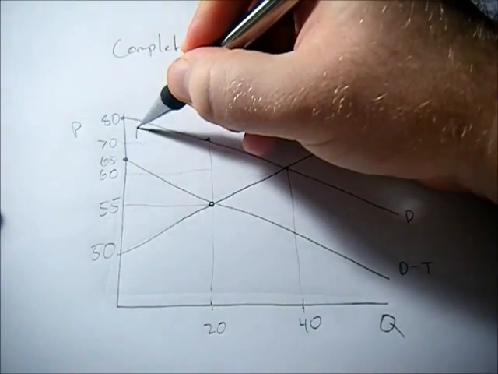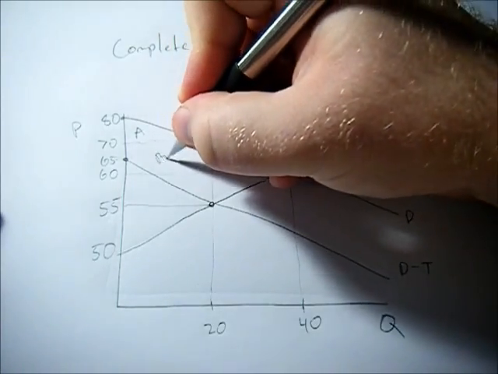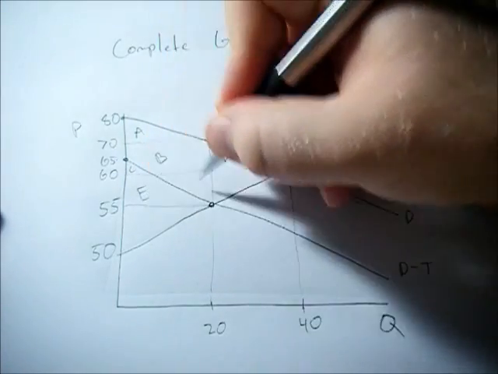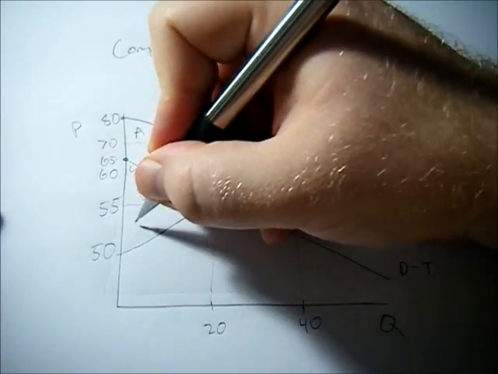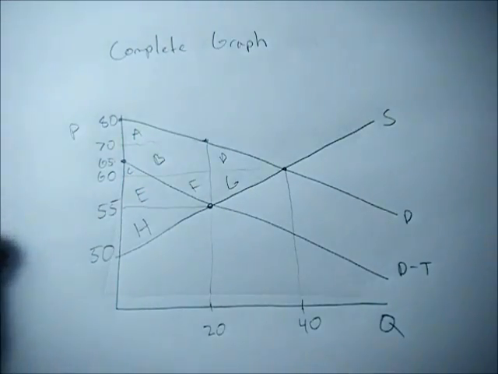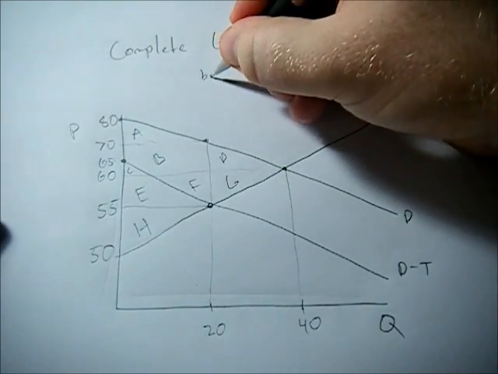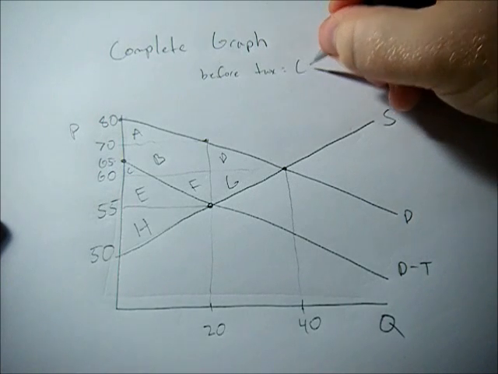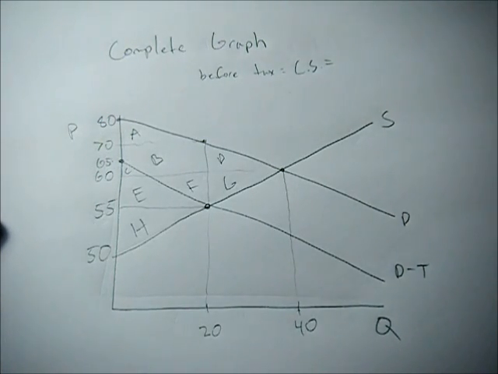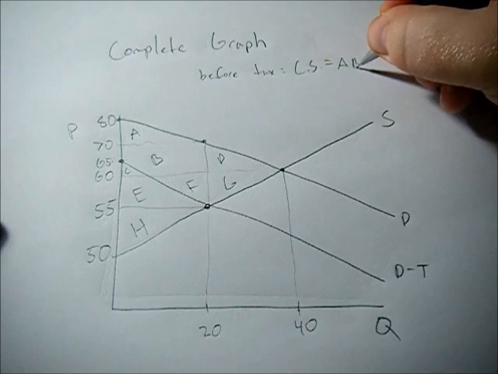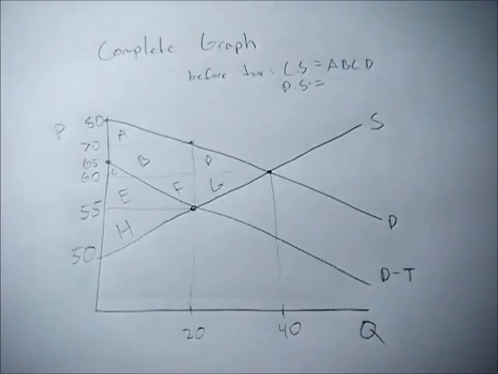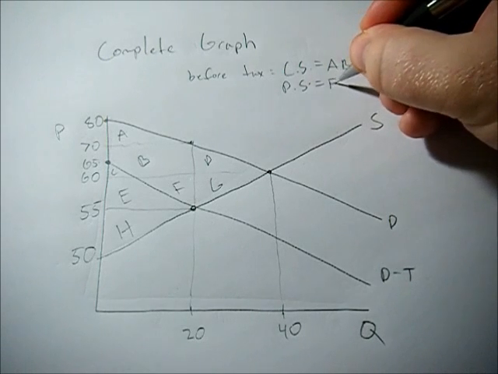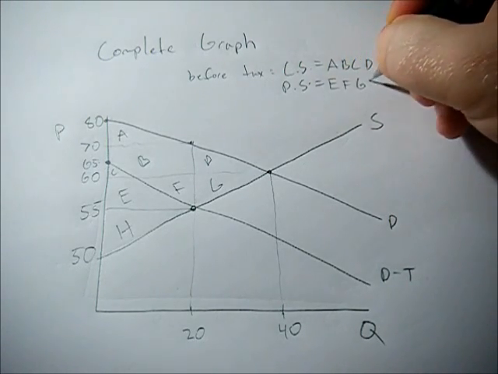So if we label these A, B, C, D, E, F, G, H, then before tax, consumer surplus equals A, B, C, D. Producer surplus is going to be equal to E, F, G, and H.